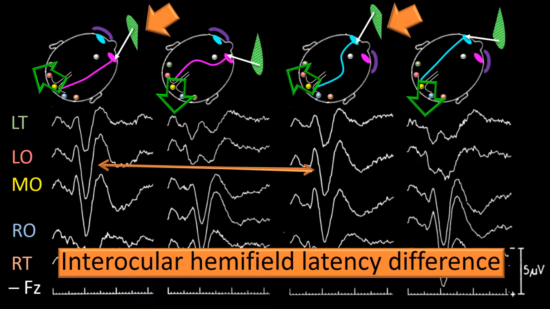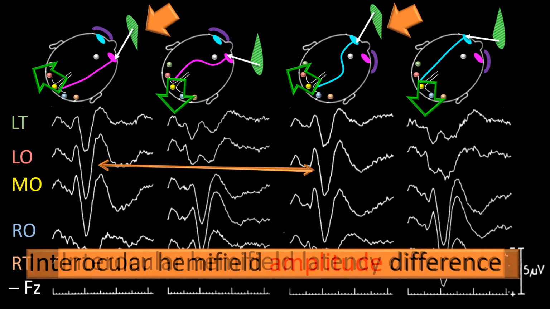The cream arrow indicates the P100s being compared, that is, the latency of the right eye left occipital P100 with the latency of the left eye left occipital P100. The same comparison can be done with the amplitude, in which case we talk about interocular hemifield amplitude difference.